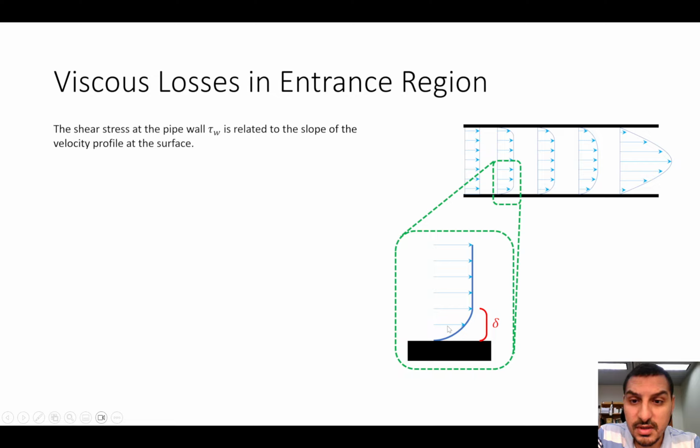So the shear stress at the wall is related to the slope. In a case like this, we'll have a lot of shear stress because we have a lot of change in velocity in a very small distance. This is a very small distance.